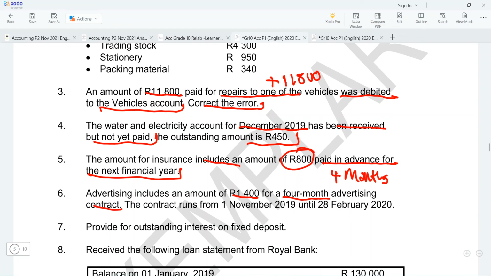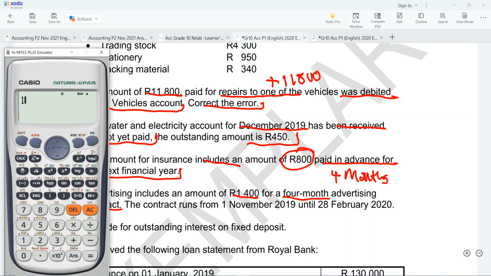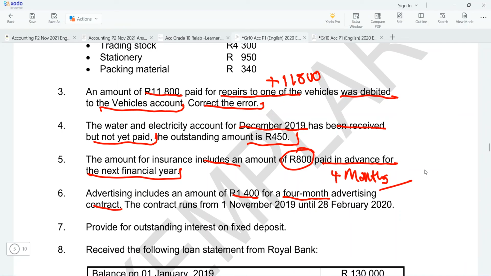So if we say 1,400 divided by 4, it will tell us that they were paying 350 per month. And then here they're saying the contract runs from November until February. So it was only supposed to cover November and December. So January and February are prepaid. Okay, so we need to subtract these 2 months.